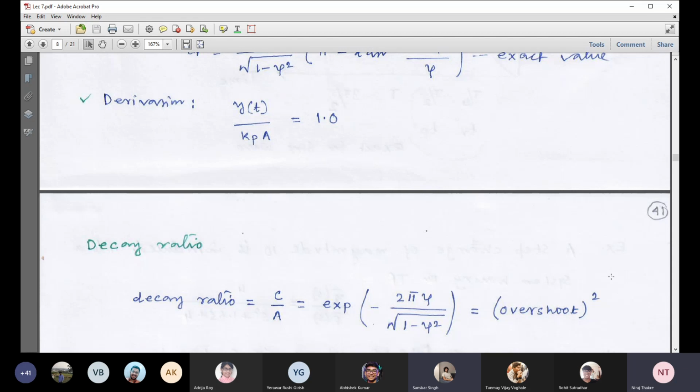The value for B plus C is 1 plus exponential of minus 3 pi zeta divided by under root 1 minus zeta square. Correct. What's your roll number? 19CH10047.